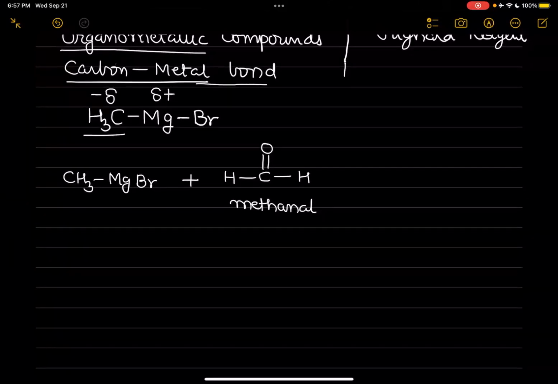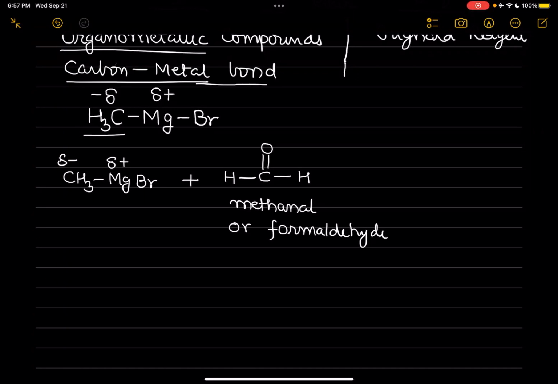Okay, or formaldehyde, this is the common name. Okay, smallest aldehyde.